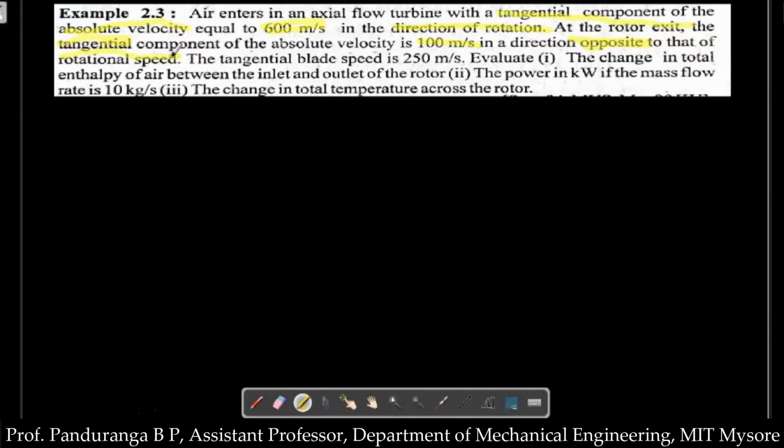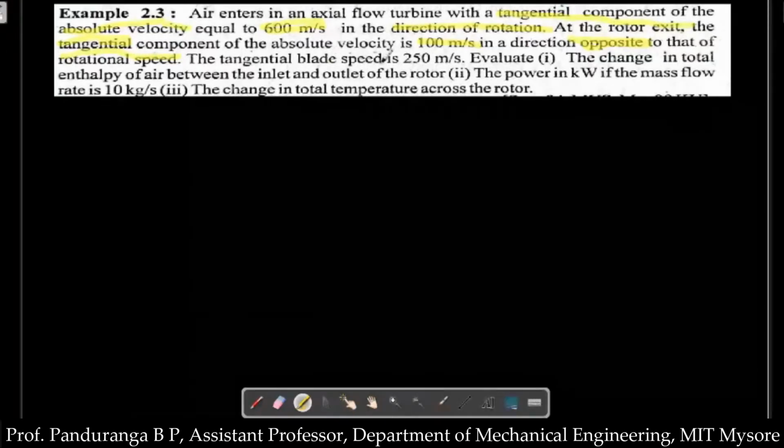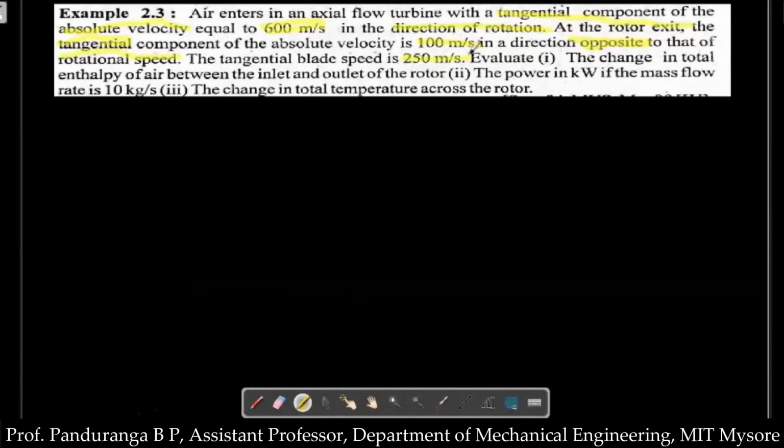Then the tangential blade speed, U, is 250 meter per second. Now you need to evaluate the change in the total enthalpy of the air between the inlet and the outlet.